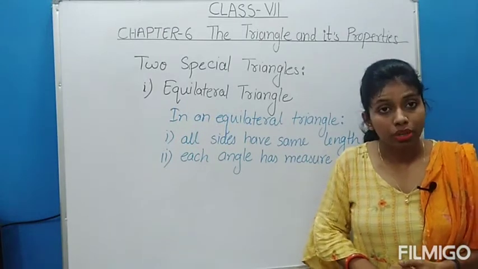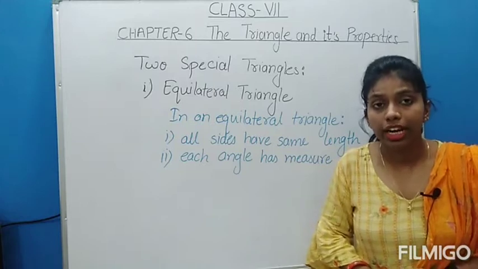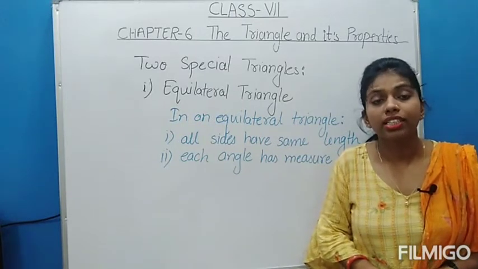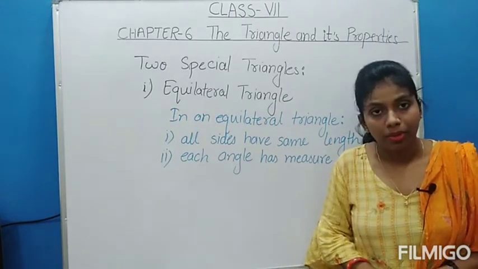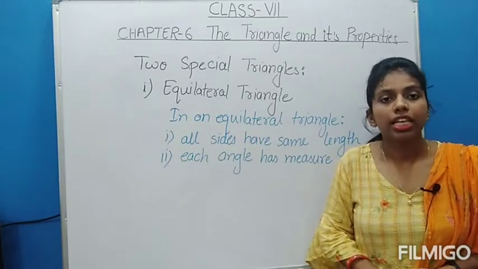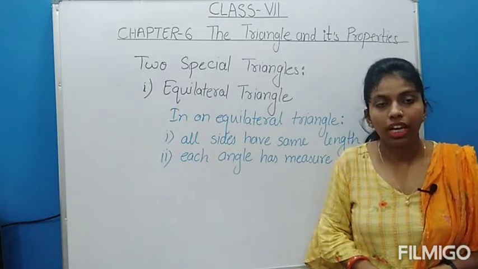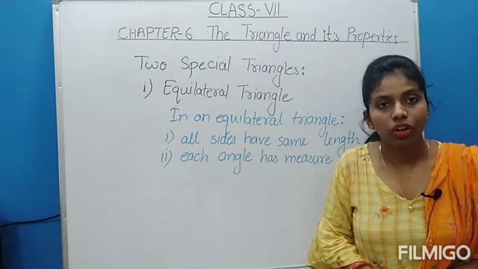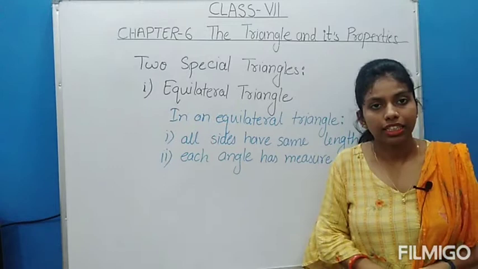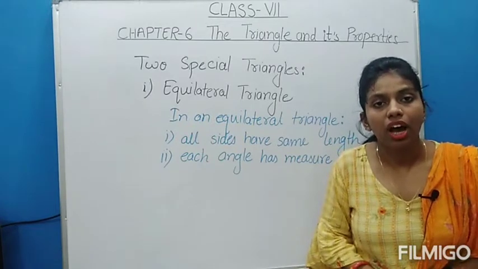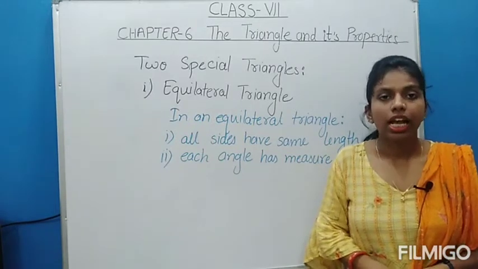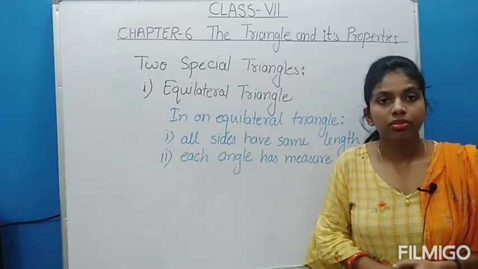So one property of an equilateral triangle is that all sides have the same length, or all sides are equal to each other. And the second property is that all angles are equal to each other and the measurement is 60 degrees.